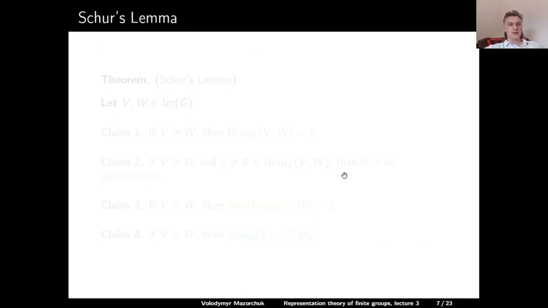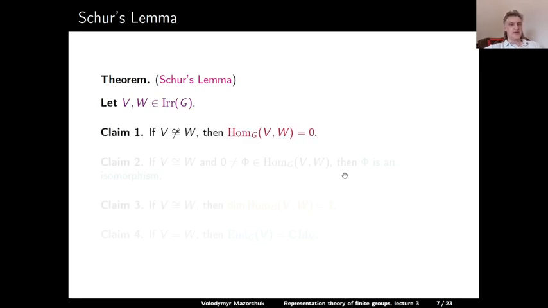Now let us formulate and prove the main result of this lecture, which is called Schur's lemma. Theorem, Schur's lemma. Let V and W be two simple G modules. Claim 1. If V is not isomorphic to W, then the space of G homomorphisms from V to W is the zero space. Claim 2.